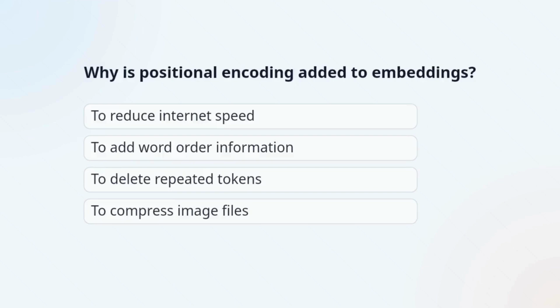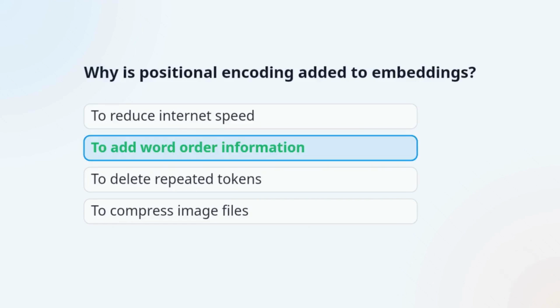Question 2. Why is positional encoding added to embeddings? The correct answer is to add word order information. Embeddings represent tokens, but positional encoding tells the model where each token appears in the sequence. This is essential for understanding sentence meaning.